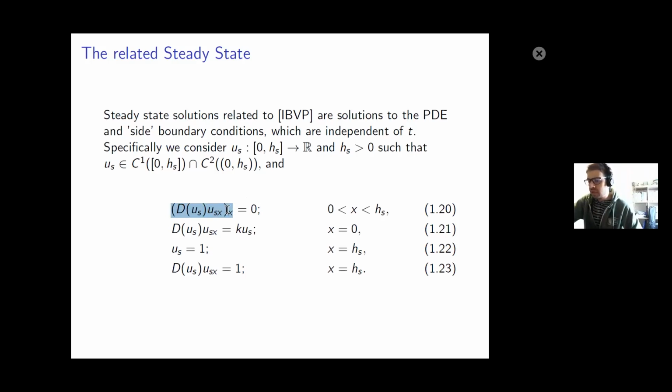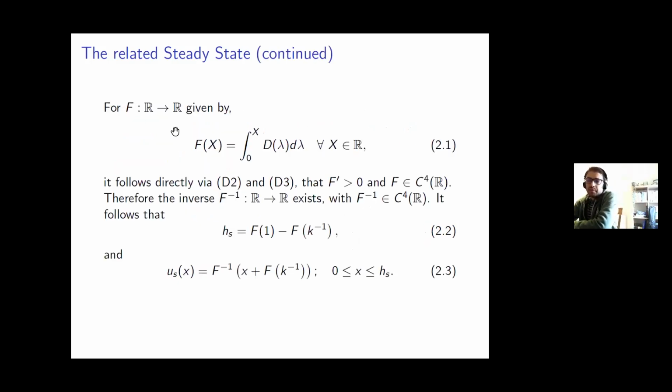If you consider just this top part, d of u times du by dx, differentiated with respect to x, and introduce the function f, which is the integral from 0 to x of your function d, recalling that d here is positive, bounded above and below, and nice and smooth, this tells you that f is differentiable, actually four times, and its first derivative is strictly positive.